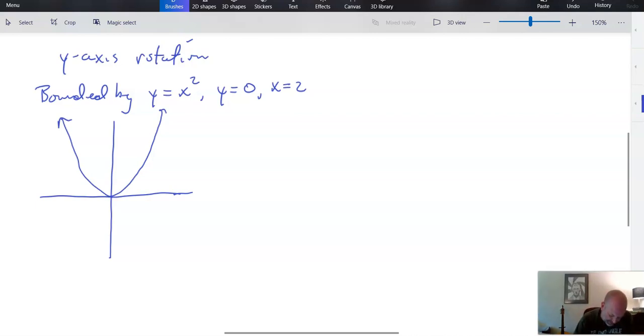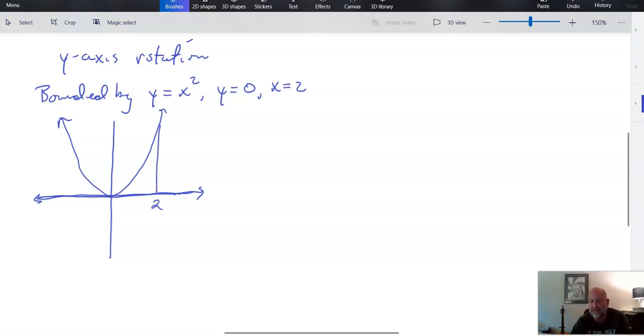So y equals 0 is the x-axis, excuse me, I said that backwards. I'm not sure that was necessary, but x equals 2 is.